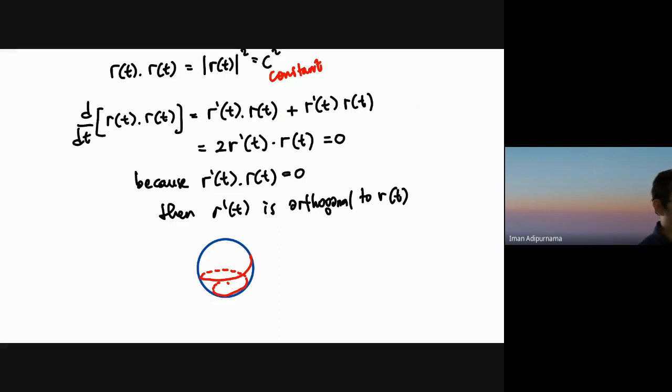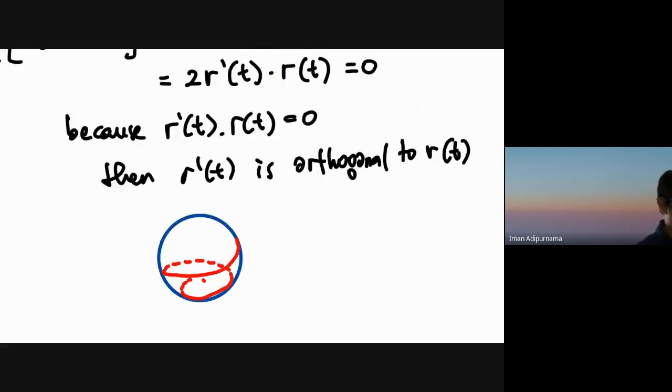And whenever you move on that helix, let's say you have the position vector from the origin here, whenever you move along this helix, the vector r will always be orthogonal to its tangent.